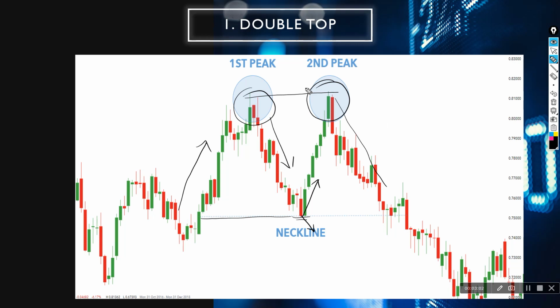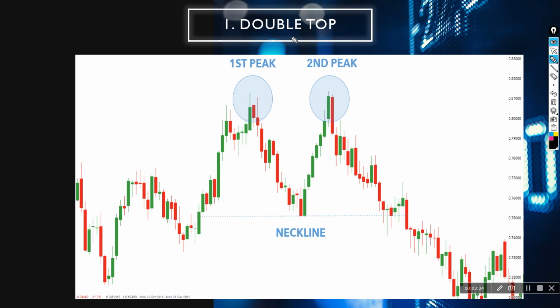Please note that the trade is usually placed once it hits the neckline, and then it gives a retracement. So you can see a green or bullish candle, and then it falls down, right? So you place the trade here. Now you can see there are two tops that are formed, and there's one neckline. So that's very simple. That's why we call it double top.